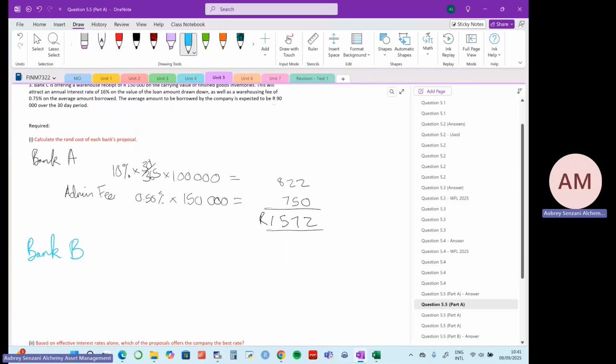So how are we going to calculate this here? We have to then obviously do 30 over 365, right? Times our interest rate of 14%. Times 150.